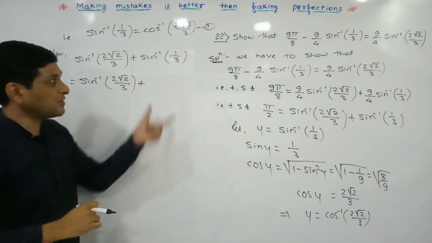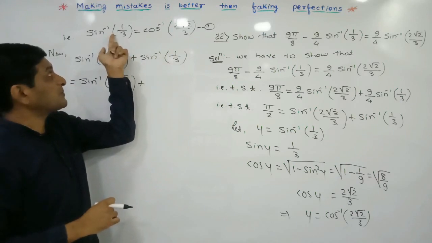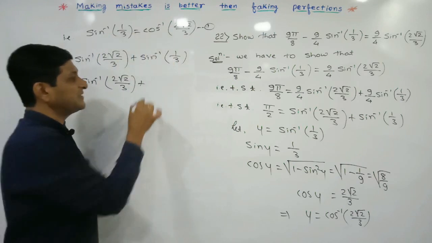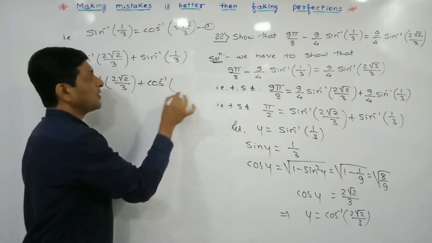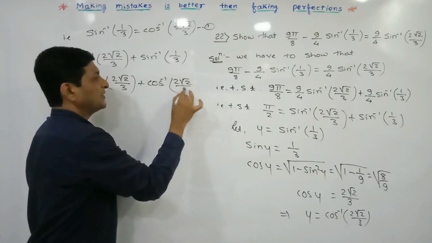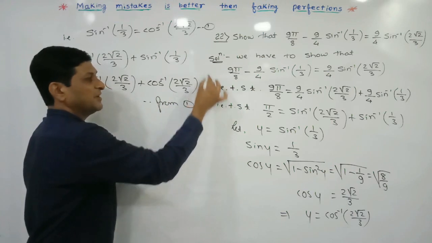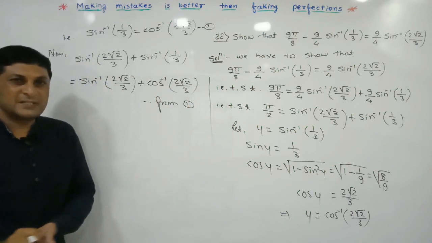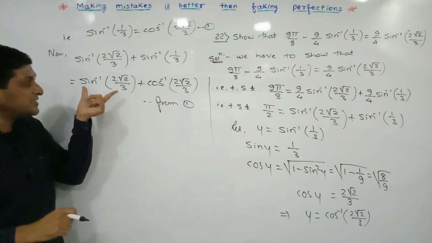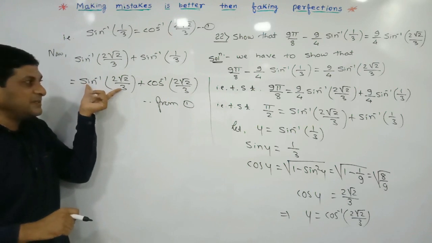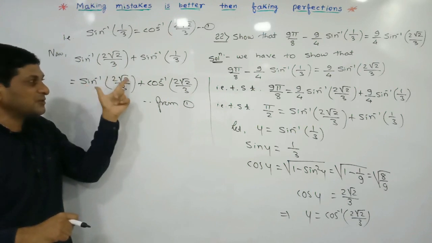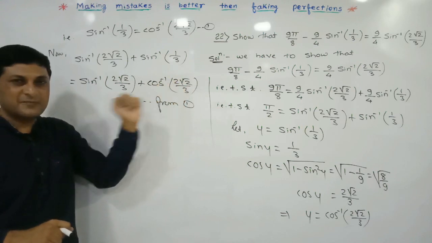Now sine inverse of 1 by 3 can be replaced by, what is the value of sine inverse of 1 by 3? Cos inverse of 2 root 2 upon 3. This value we are substituting from which equation? From equation number first. Now if you will observe this equation, it is in the form of which property? Sine inverse of x. What is the value of x here? 2 root 2 upon 3, and here also check, same value is there.